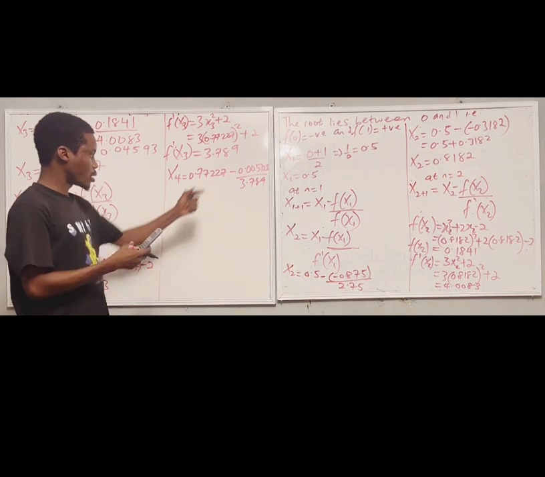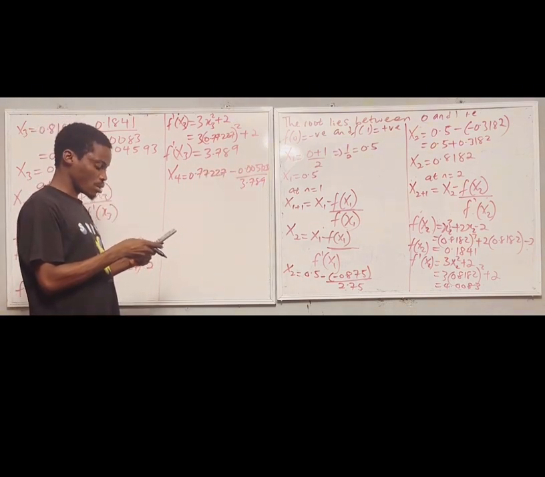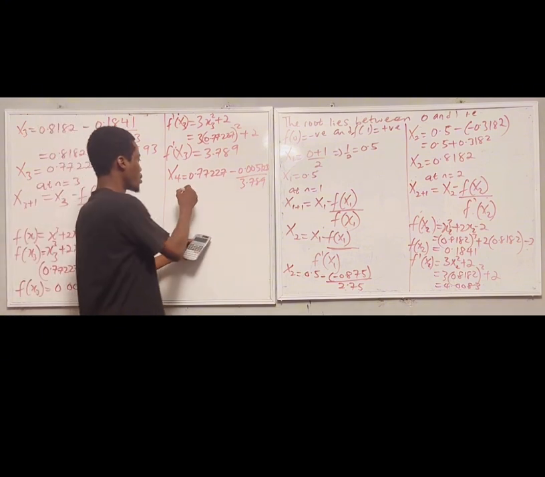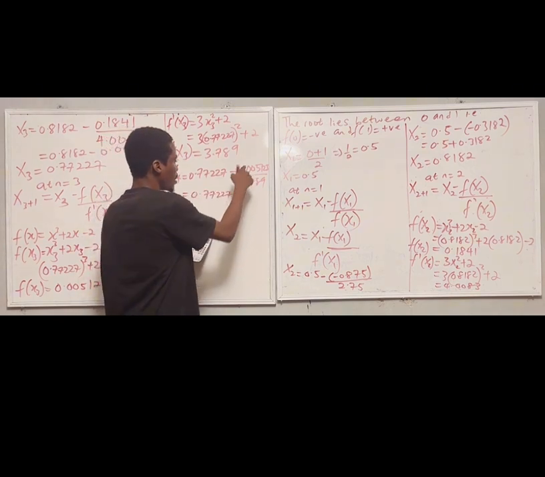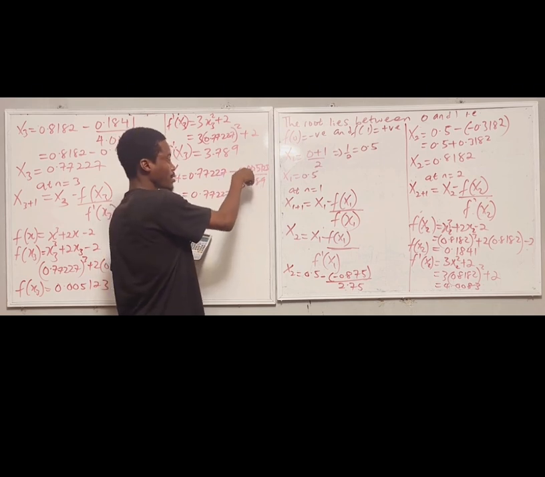So let us do it together. Let us divide this. 0.005123 divided by 3.789. I have 0.77227 minus, when I divide this, this minus is affecting this.